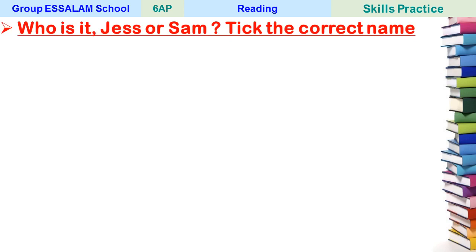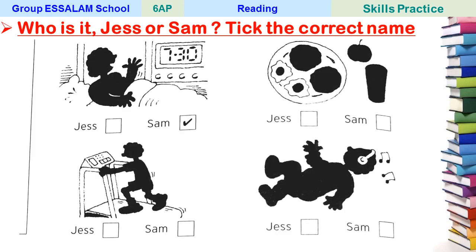So the first exercise, according to the paragraphs that we have read before, the first question is whose is it? Jess or Sam? Tick the correct name. Okay? So number 1, or the picture number 1, you have the time of getting up at 7:30.